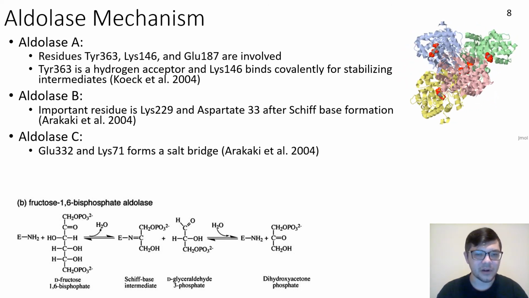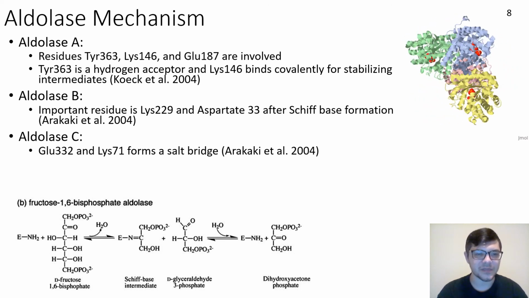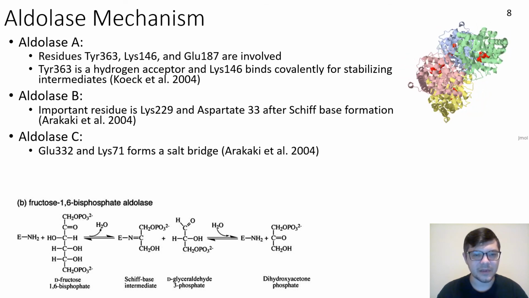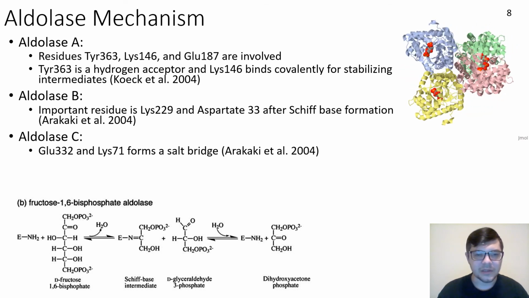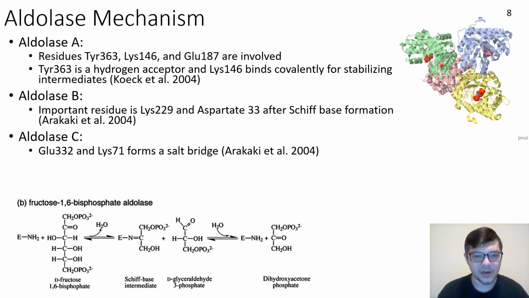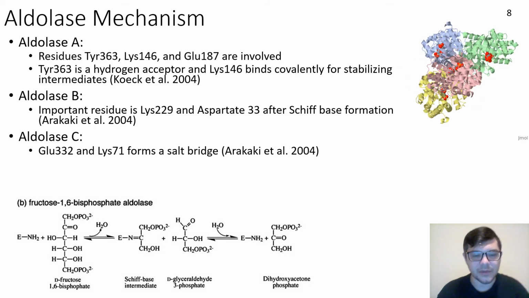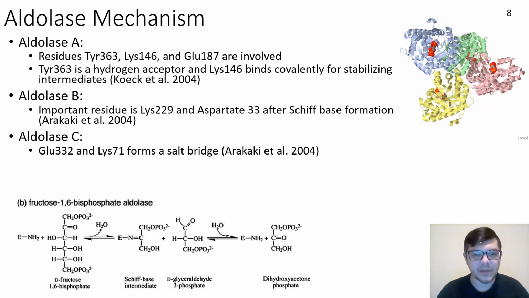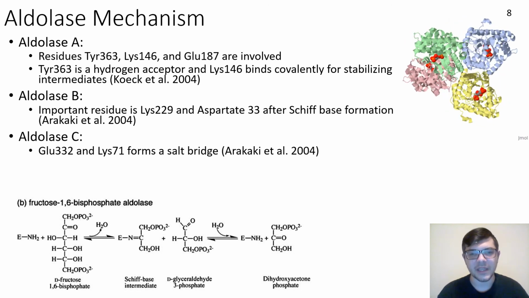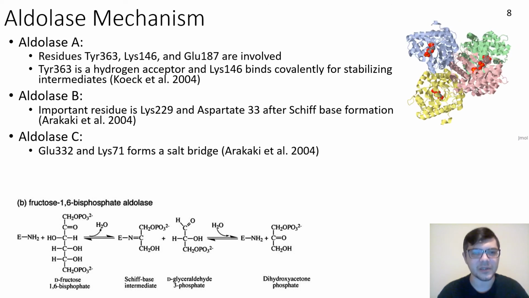So we have our D-fructose 1,6-bisphosphate, and our aldolase comes in, and you can see the Schiff base intermediate that's pictured there, and eventually you get to your glyceraldehyde 3-phosphate, and the other one, the dihydroxyacetone phosphate, or the isomer of that, can also be made later on as well.